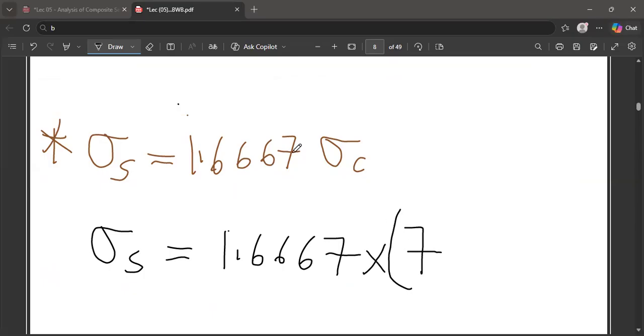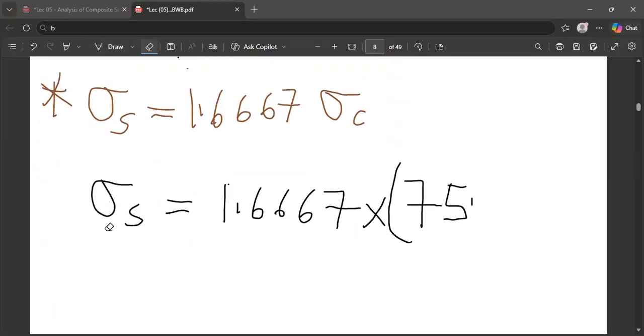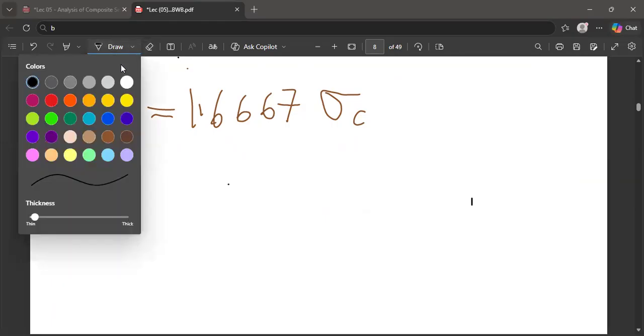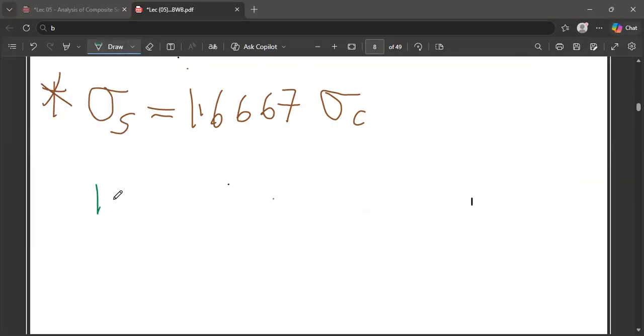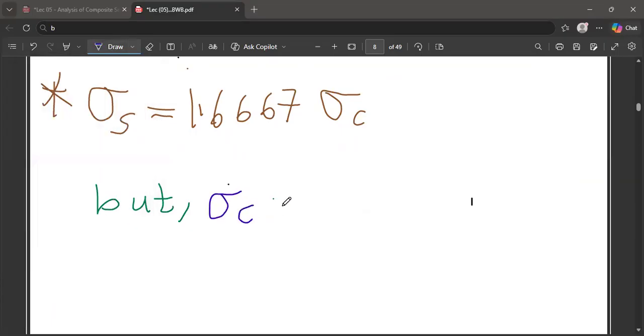We had 75.75. So for safety reasons, we are saying that, but the stress in copper is equal to what? 75.75.